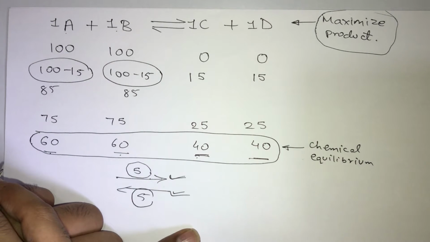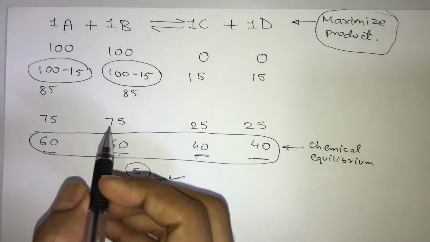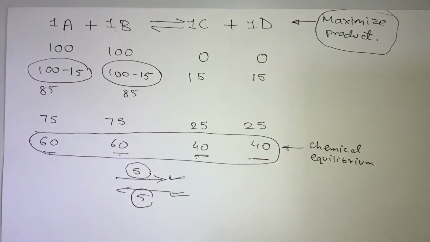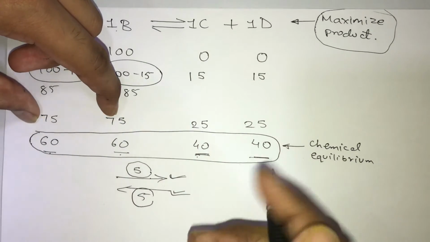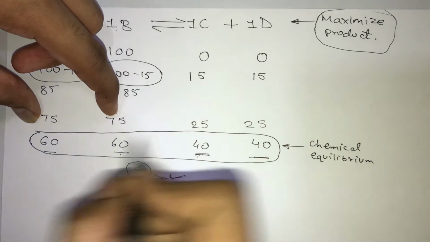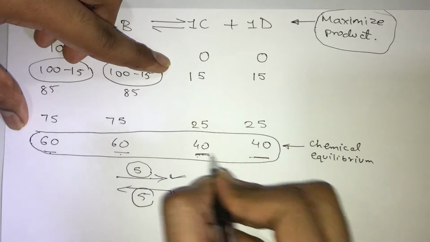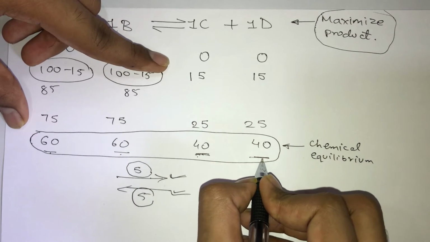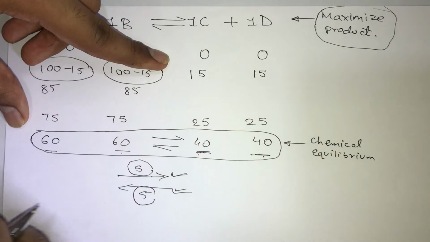So guys, can I say you are not a good producer, because out of 100 moles supplied, 60 moles are as it is and you are getting only 40 moles as product. So can I say that you are getting less amount of product because a chemical equilibrium has been established.